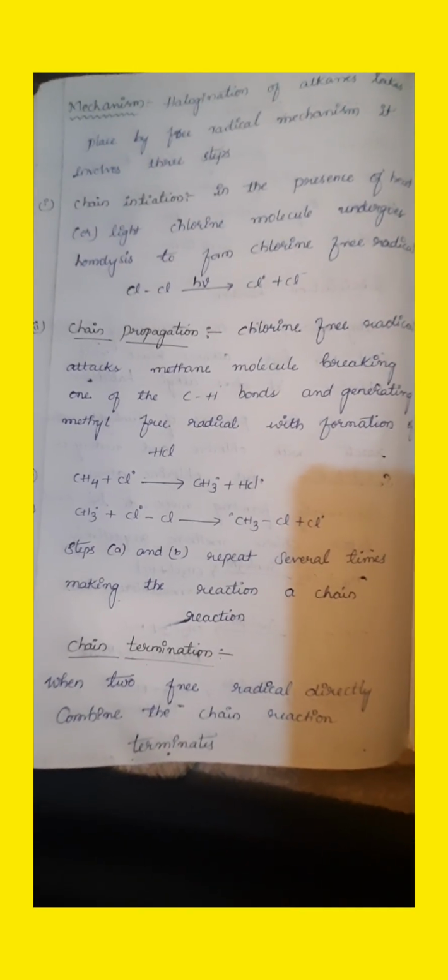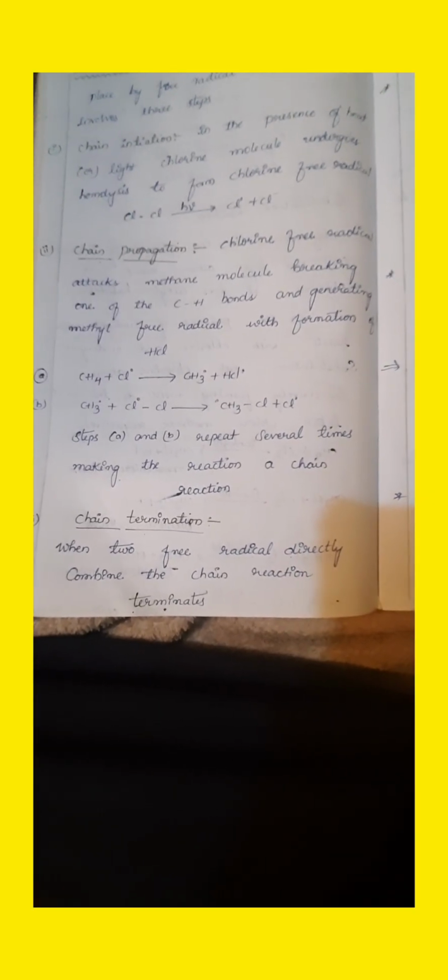Chain propagation: a chlorine free radical attacks the methane molecule, breaking one of the C-H bonds and generating the methyl free radical. These steps are repeated several times, making the reaction a chain reaction. Chain termination: when two free radicals directly combine, the chain reaction ends.